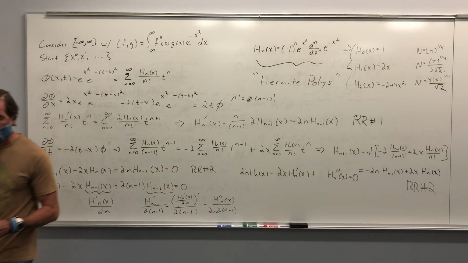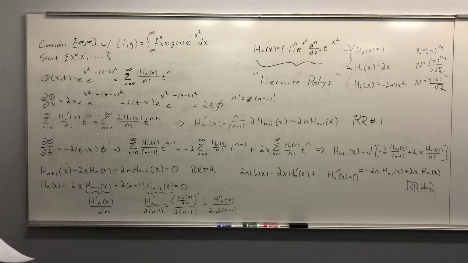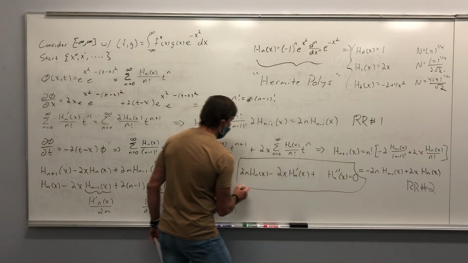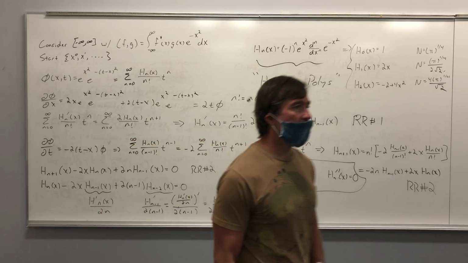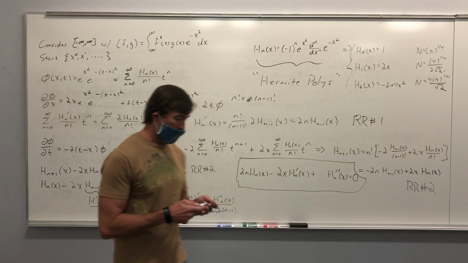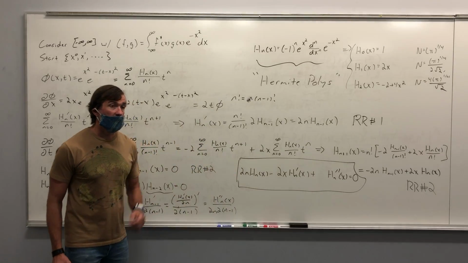There you have it. This is the Hermite equation. And you might notice, once again, it's a second order differential equation. If you solve this, then the solutions are the Hermite polynomials.